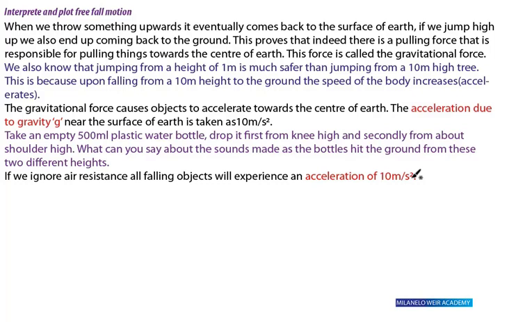If we do, we can't make any calculations, right? So now let's look at how the speed and acceleration change as the object is thrown upwards or as it is dropped.